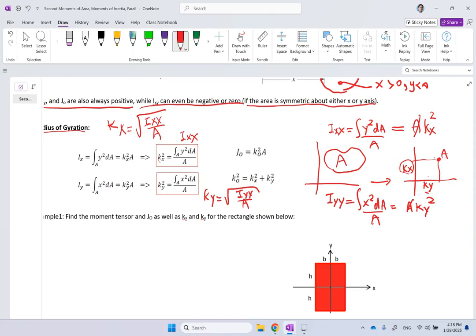We can define a similar thing for the polar moment. We say the actual polar moment is equal to some radius of gyration from the origin squared times A, and since this one is Ixx plus Iyy.